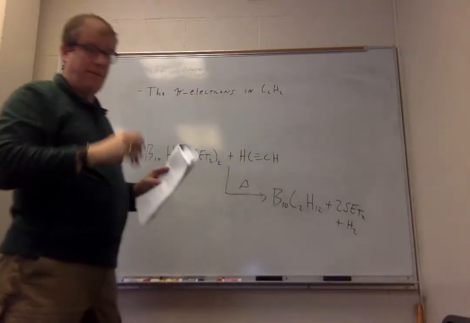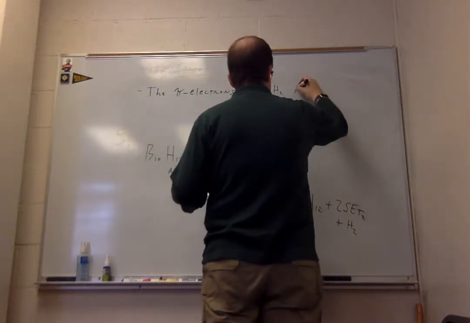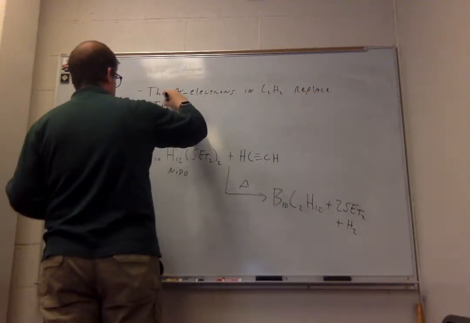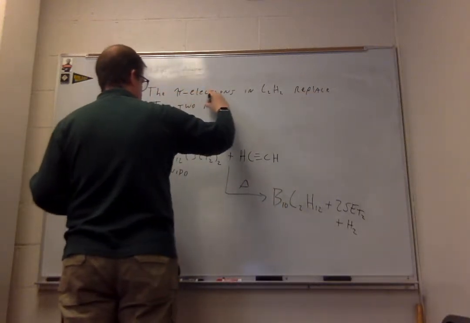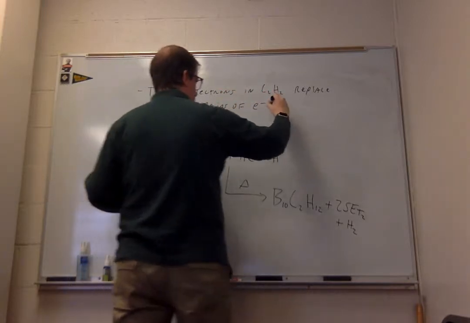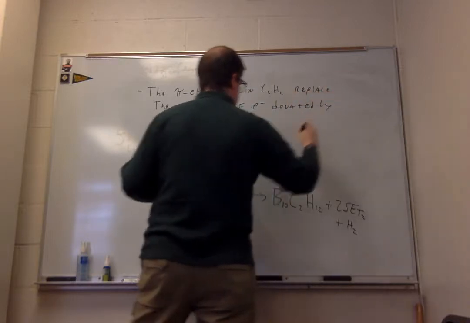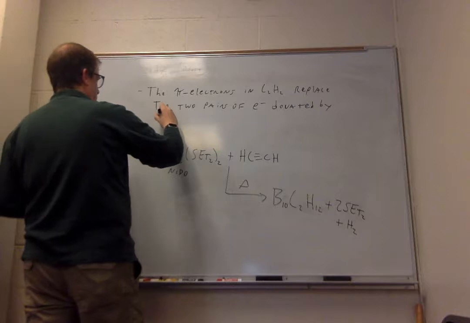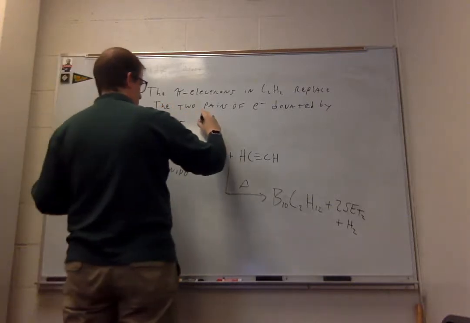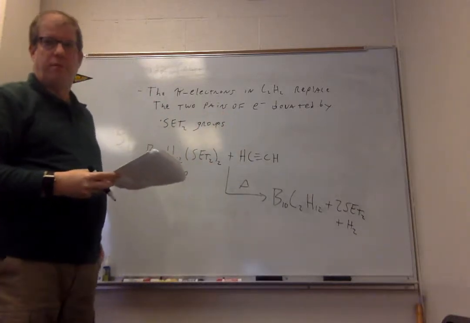Pi electrons in acetylene replace the 2 pairs of electrons donated by the thioether groups.